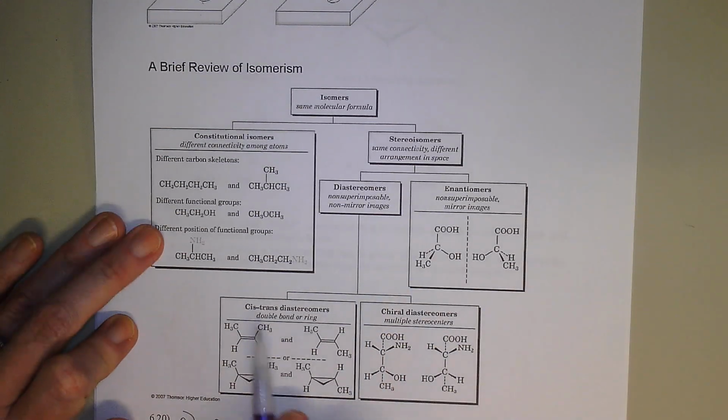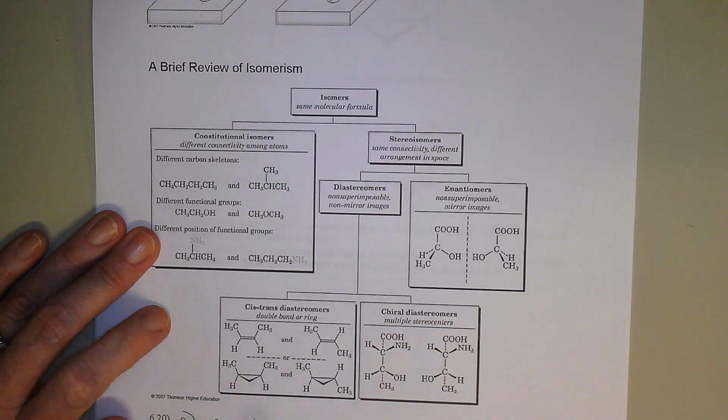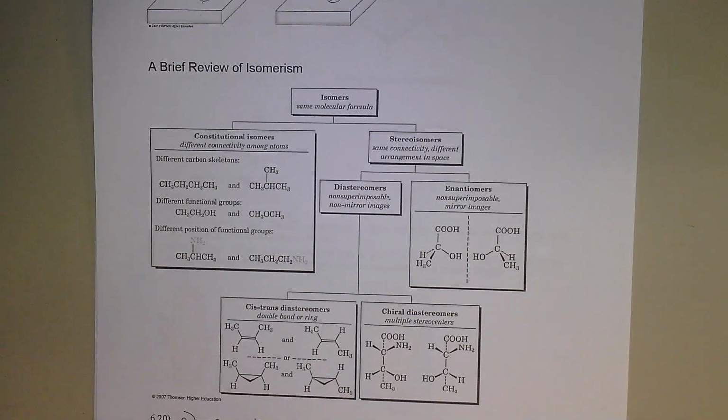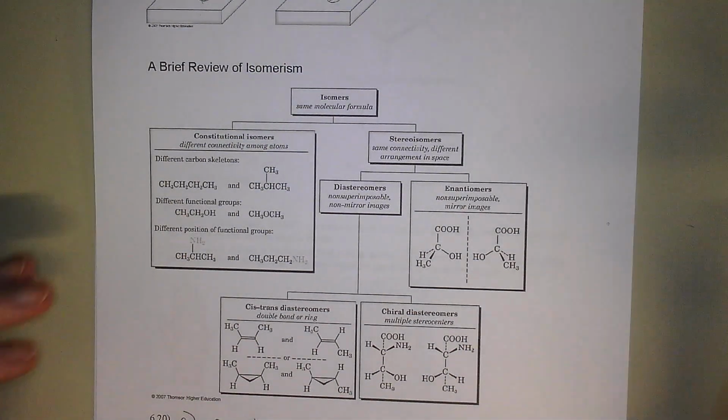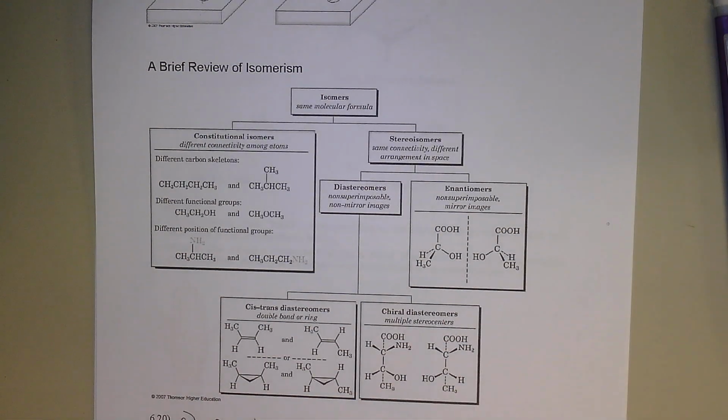Then you have cis-trans diastereoisomers, where you can have a double bond or some kind of ring structure. And then chiral diastereoisomers have multiple stereocenters, but sometimes you can have another plane of symmetry where you have identical pieces on the top and the bottom, which makes a meso stereoisomer. So you need to be ready for those too.